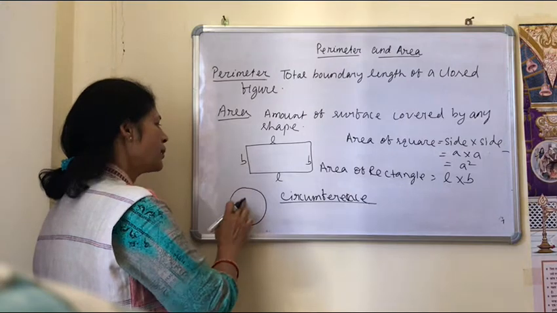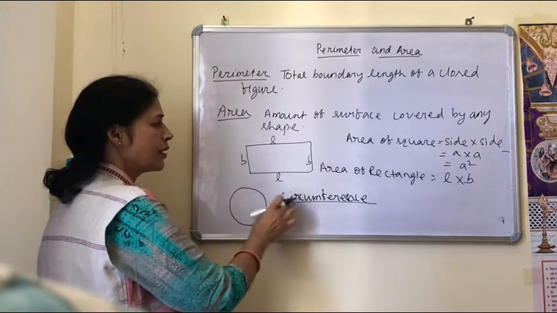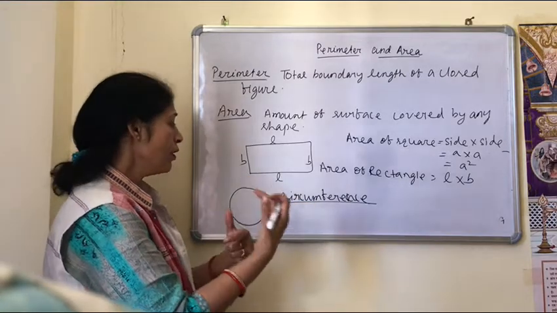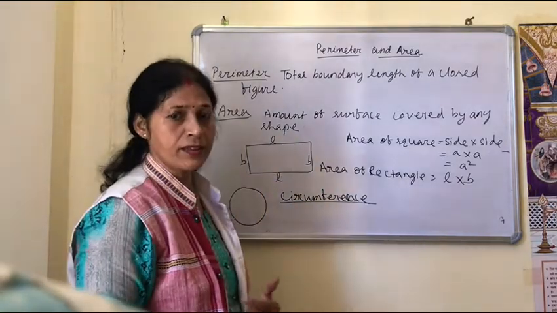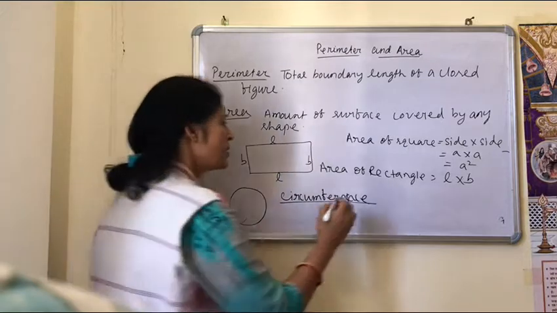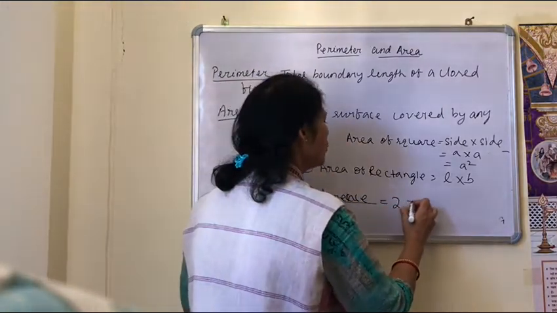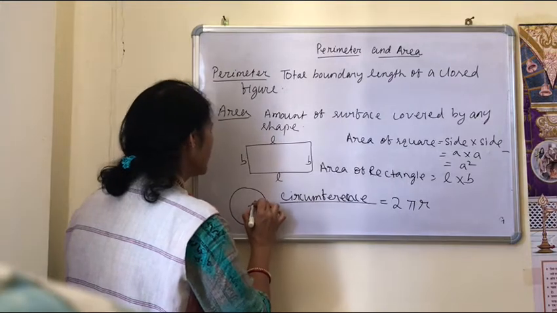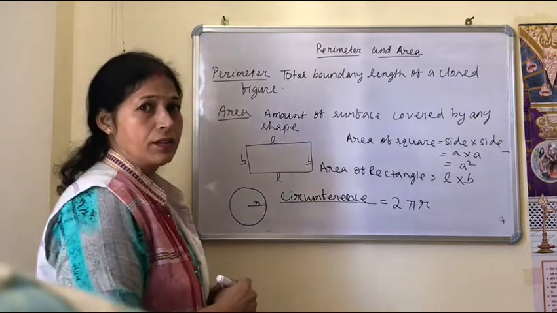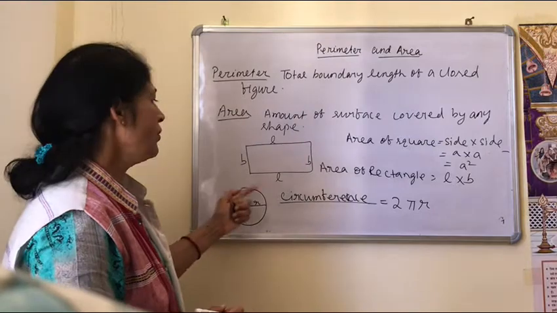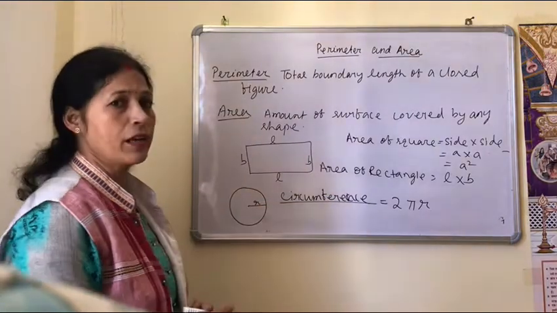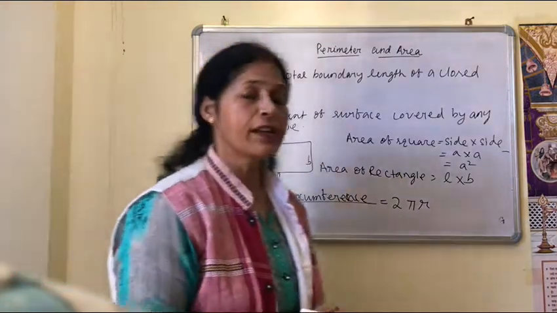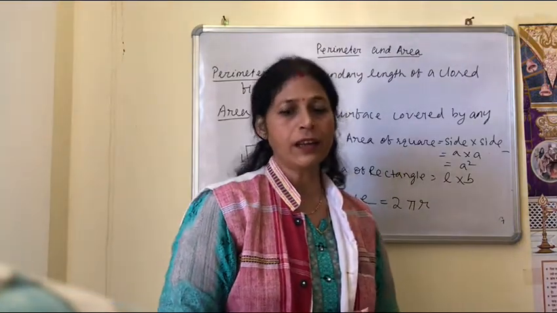So in case of a circle, we should say circumference of the circle, meaning perimeter of the circle. What is the formula? Circumference of the circle is 2 pi r, where r is the radius of the circle. This is your r. So circumference of the circle formula is 2 pi r.